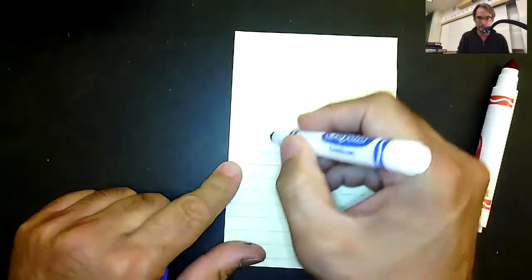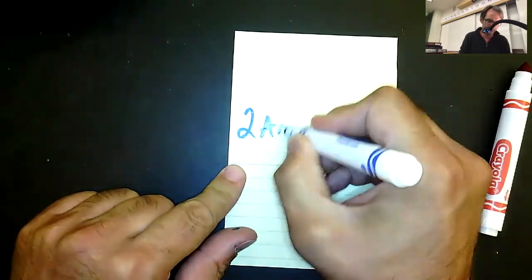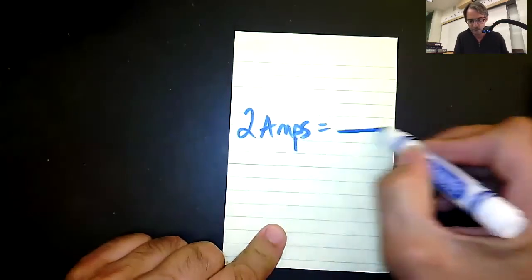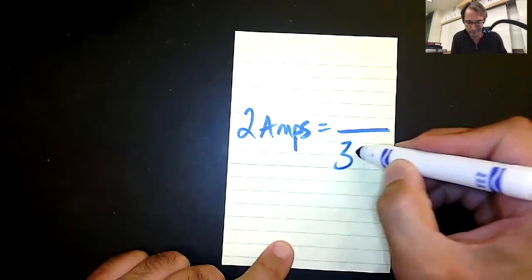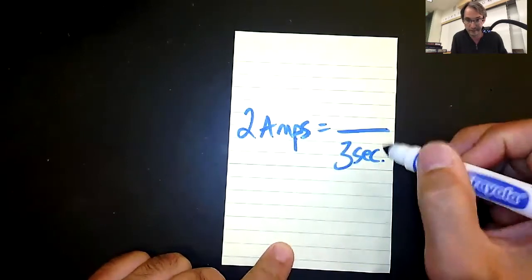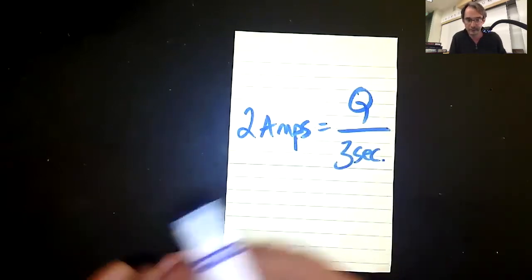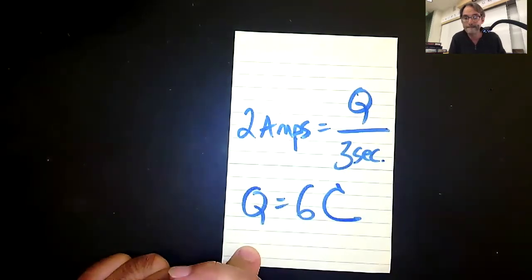If your current is, let's say, 2 amps, okay, and let's say that you measured current out of the toothbrush at 2 amps for 3 seconds. The charge in that instance, the 2 amps over 3 seconds, is 6 coulombs, okay?